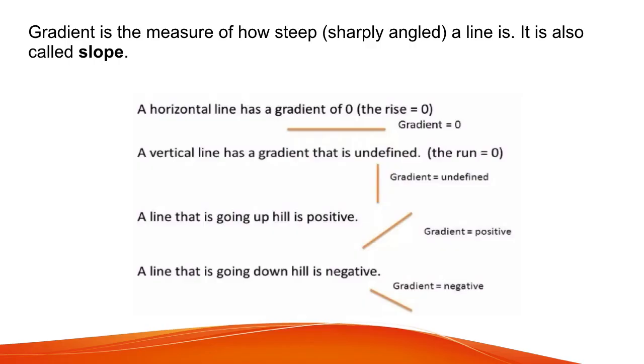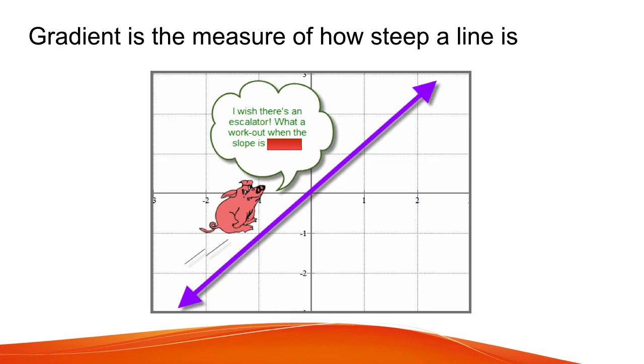When the line is going uphill, slanting towards the right, the gradient is positive. And when the line is slanting towards the left, meaning it's going downhill, the gradient is negative.